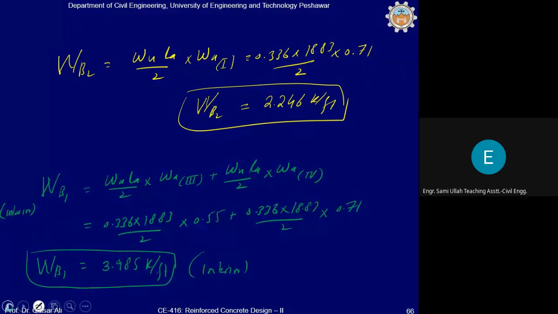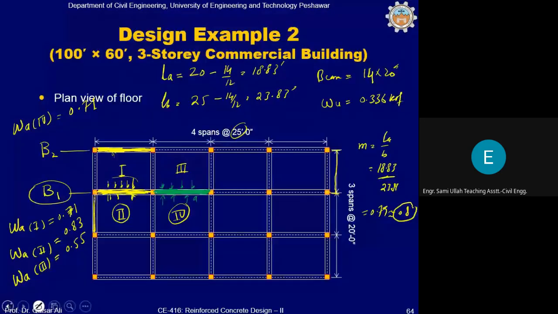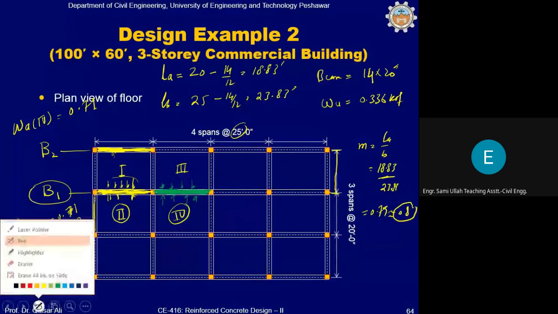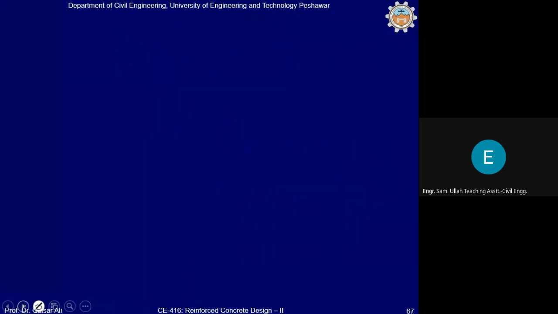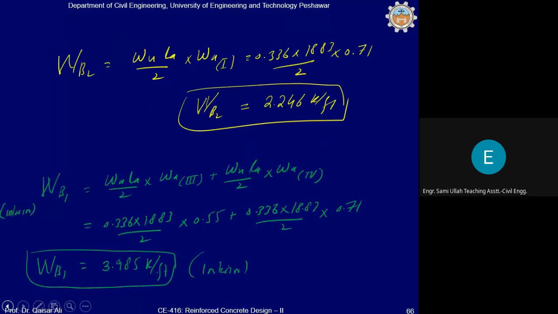Now coming to the load acting on the interior span of B2. For example, if it is represented by this blue line, we have already calculated this. Load acting on this side from panel 3 is basically this load.